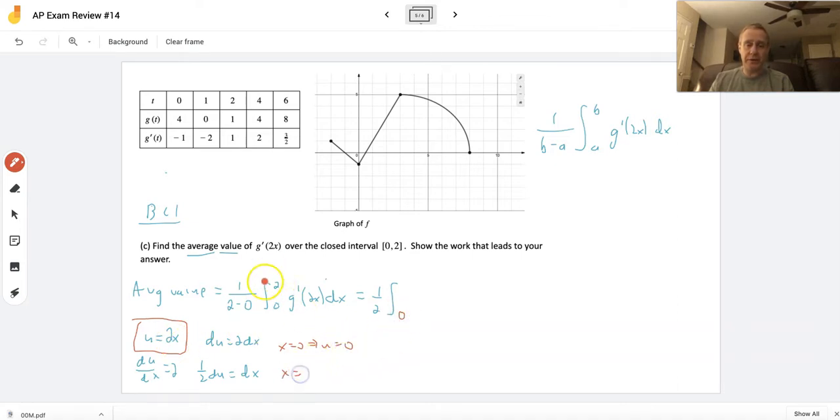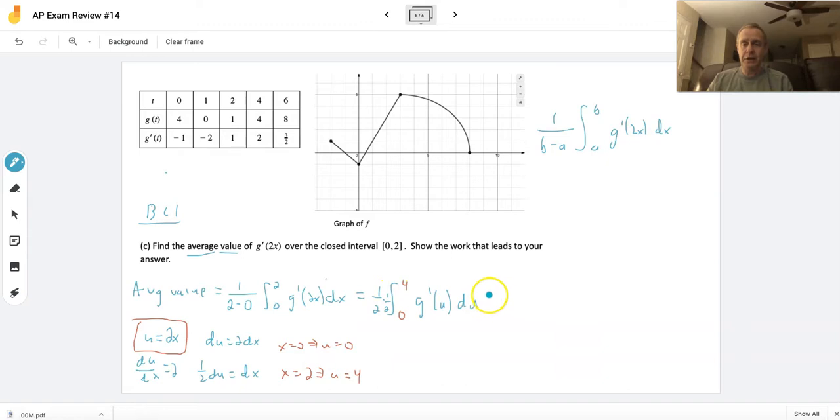And when x is equal to this upper limit of 2, then u is just going to be equal to 2 times 2. So the upper limit will switch over to 4. All right. And then inside my integrand, I'll write g prime of u, and then dx is equal to 1/2 du. So I'm going to need another 1/2 here, and I'm going to put that right out in front of my integral.